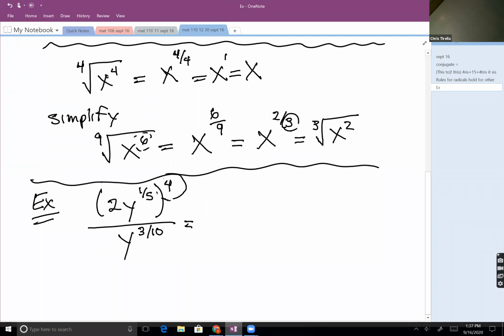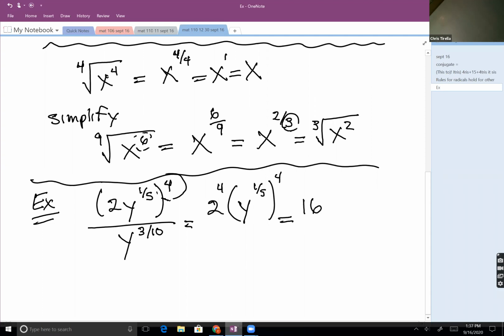Does everybody remember when I raise a product to a power, I raise 2 to the 4th, and I raise y to the 1/5 to the 4th. 2 to the 4th is 16.